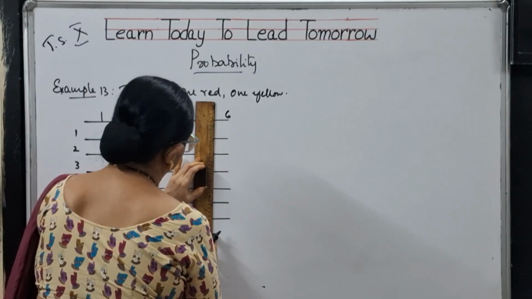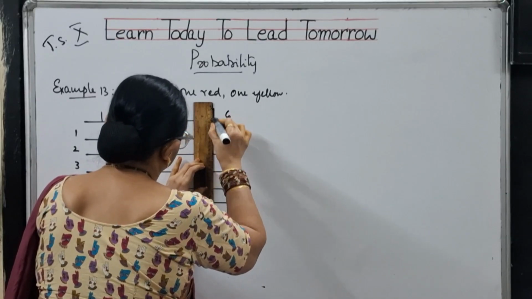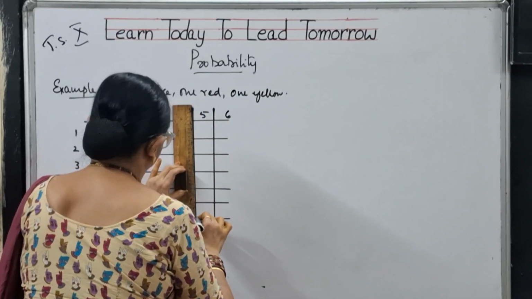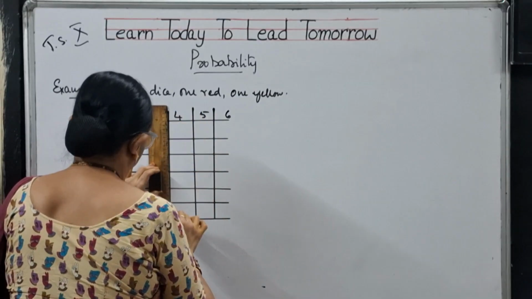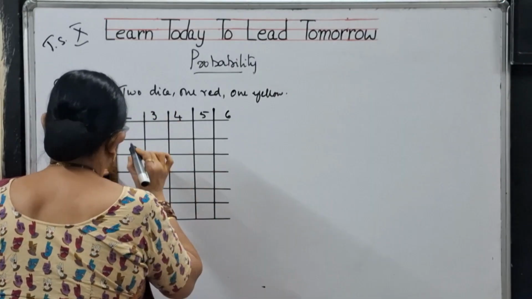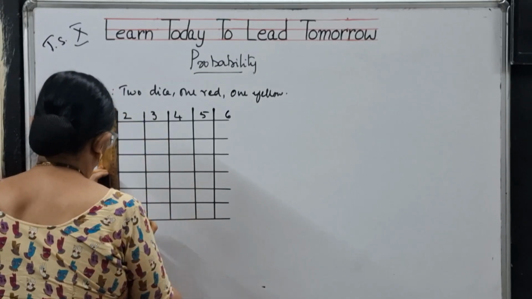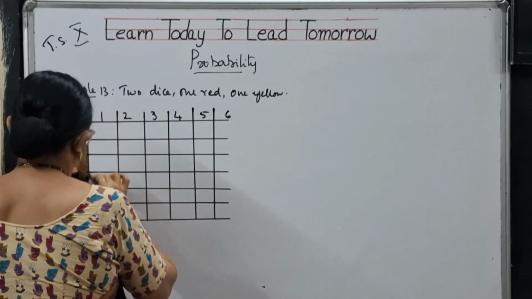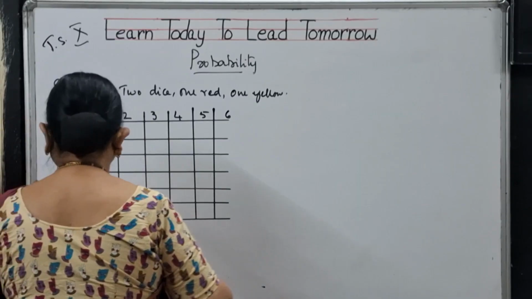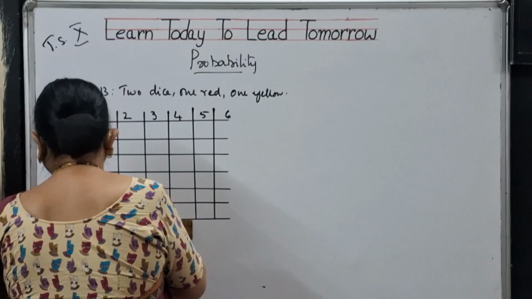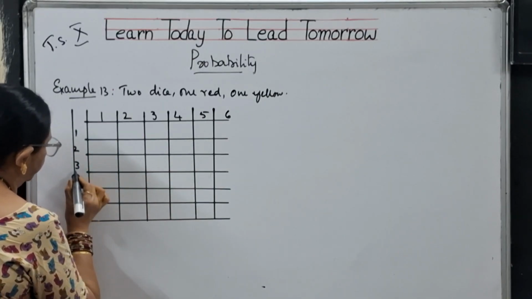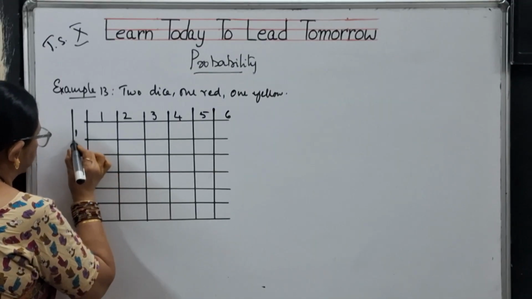So let us see. These are the 6 numbers that are there upon each dice.